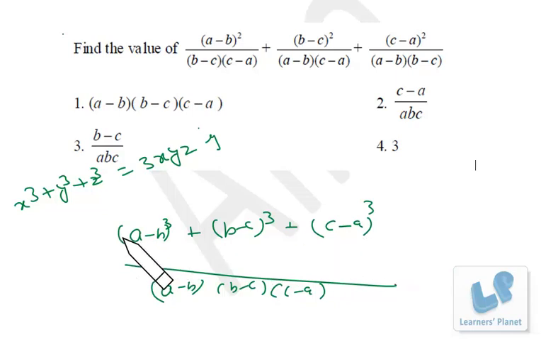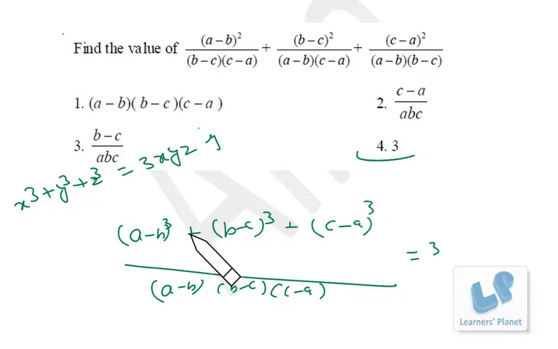So x cube plus y cube plus z cube will be 3xyz, that means 3 times (a minus b)(b minus c)(c minus a). In the denominator we have the same, so that will be cancelled and we will be left with 3 only.